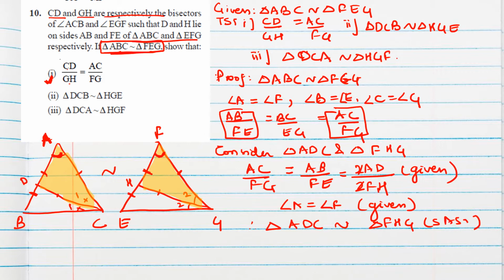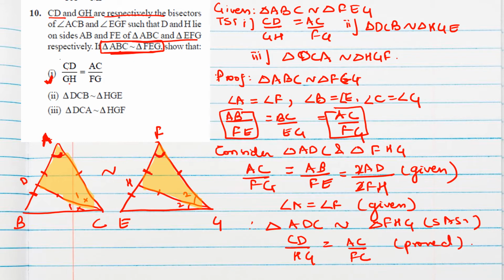Okay, so if these two are similar, by CPST we can write AD by FH. So we need only CD by GH. So this third side we will skip here. We'll write CD by HG is equal to AC by FG. Proved.